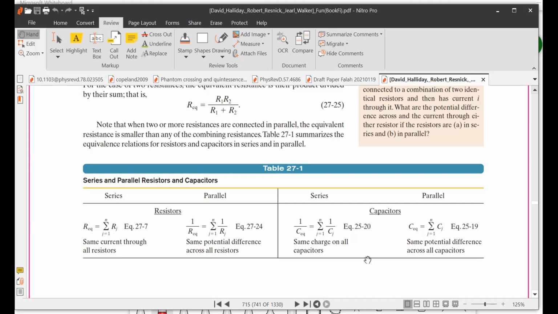This is the left table. The left table is for resistors, and for capacitors it's the opposite. For a series circuit, we get this, equation 25-22, and for capacitors in parallel, we get the summation of the capacitors.